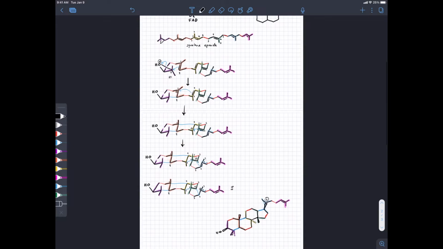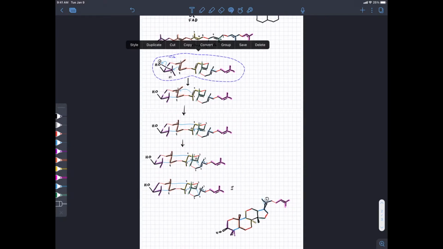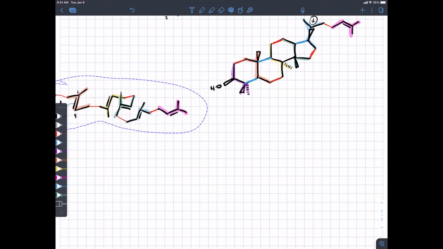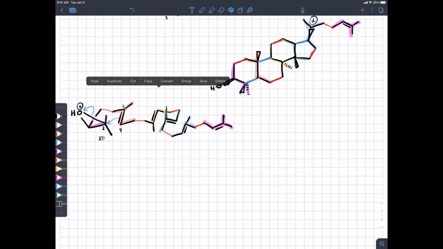What your text will do, and what people generally show when they're drawing the mechanism of cholesterol formation, is all of these arrows happening at once. That is, instead of drawing a carbocationic intermediate at this stage, they show the pi bond attacking just exactly as that carbocation is forming. And then we're going to do the same thing here.